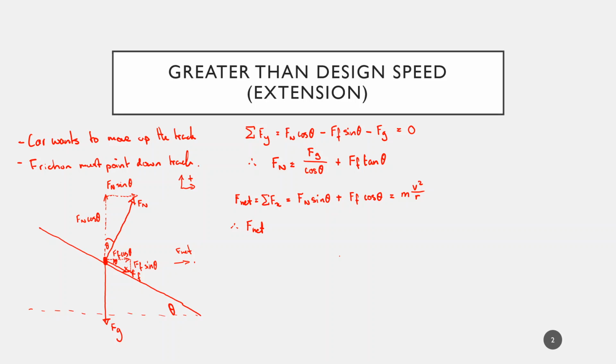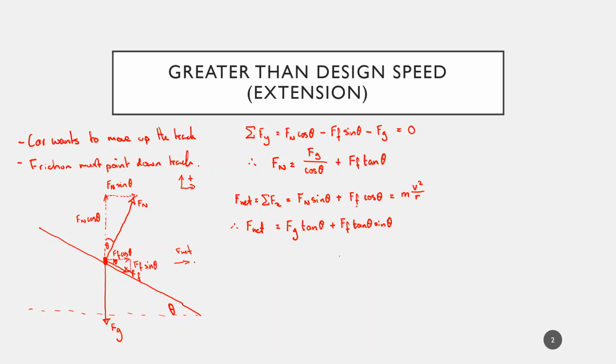Okay, what do I get? Net force equals, substituting normal force, well the first bit is going to be Fg over cos theta times sine theta. And you'll see sine over cos again turns into tan. So that gives us Fg tan theta. Then I'll be doing friction tan theta times sine theta. So that's me substituting this normal force into there.